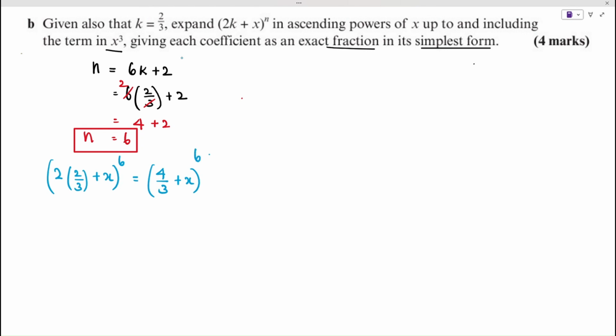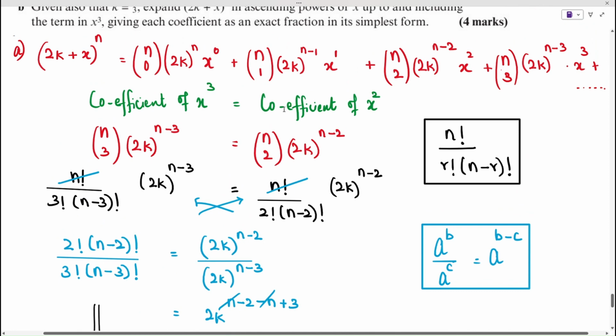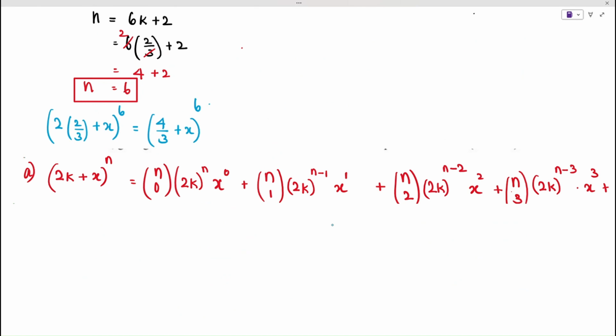So we're going to keep 4 over 3 as that's easier to manipulate with the question asking us to give it in exact fractions. So if we scroll up above, we can see that we have expanded our equation here. So all we have to do is write this out again, but with all the values substituted. So we've brought down our equation here, and so we're going to substitute our values.